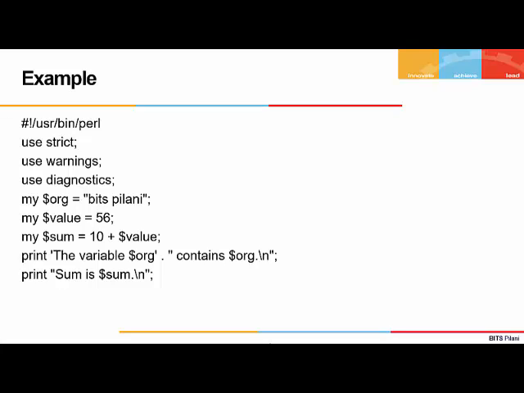Try doing some runs on those different examples, and they can become familiar with strings and variables. Okay, and in the next session we'll discuss the next data types: the arrays and also the hashes.